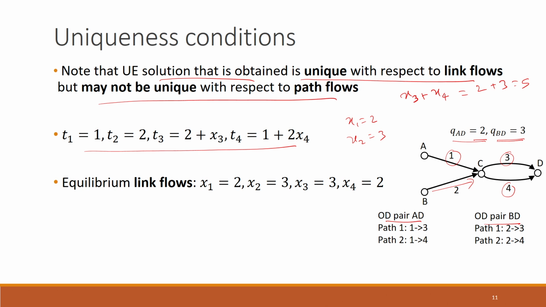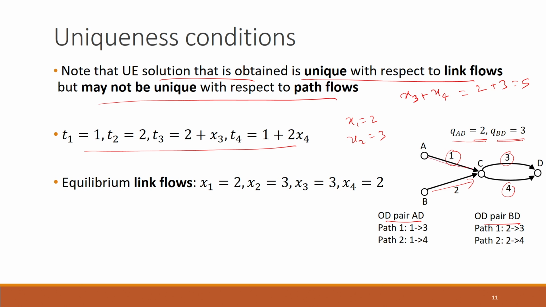that the travel time on link 3 will have to be equal to the travel time on link 4. Why is that the case? Because suppose we assume that the first OD pair is AD, and let us assume that both the paths that are connecting A to D have positive flow. So, then the travel time on both the paths has to be equal.